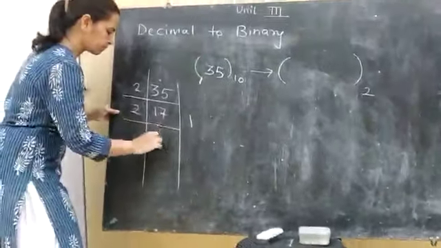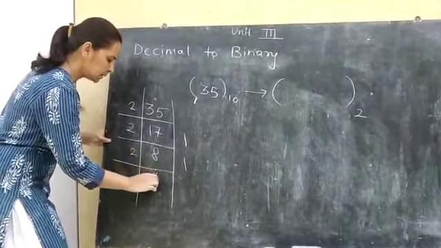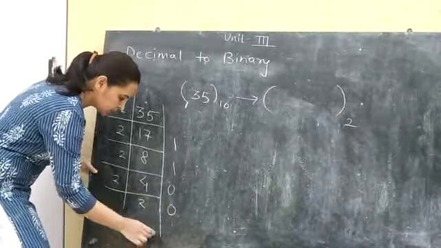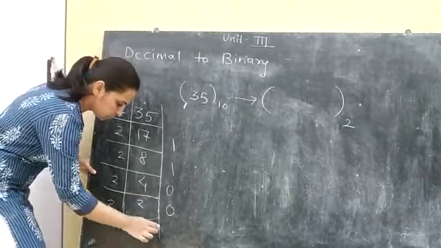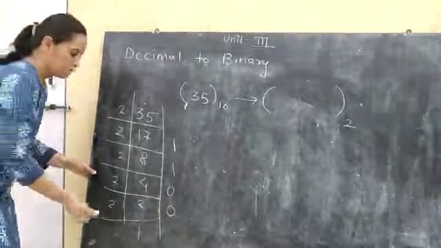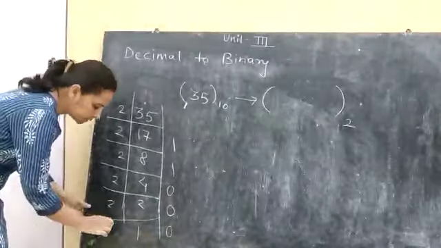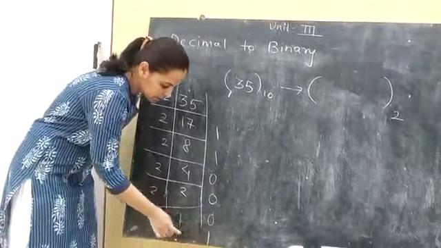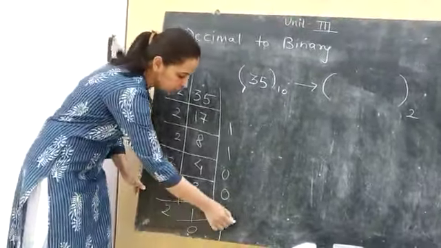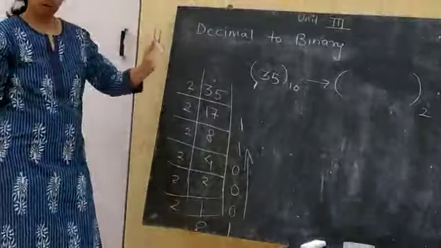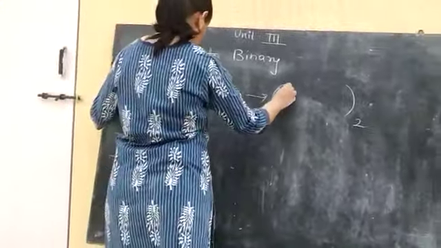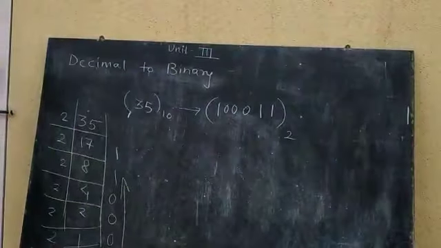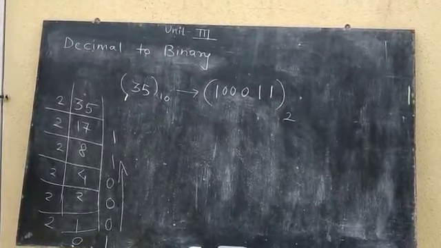Again the remainder on this side, the remainder on this side, this is a remainder, right? And again if I divide it by 2, this one will come here as remainder and the quotient will be 0, and then I have to write it in the upward direction. So this will be 1, 0, 0, 0, 1, 1, your binary equivalent of 35.